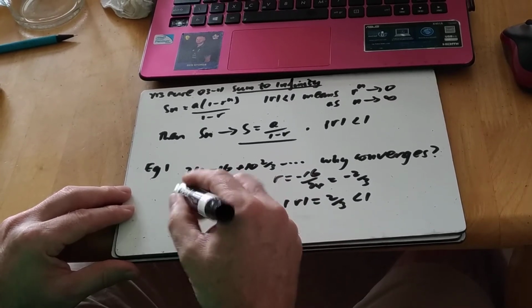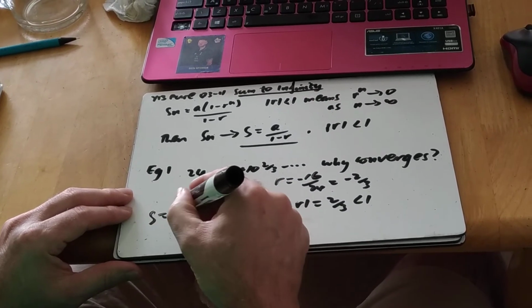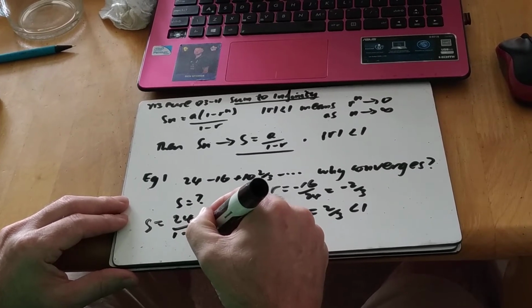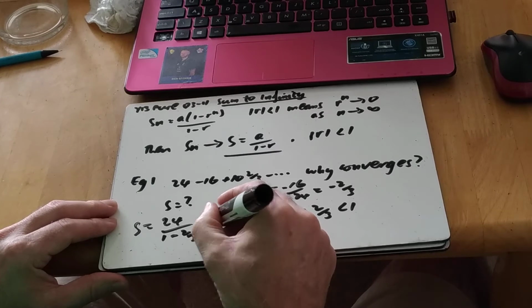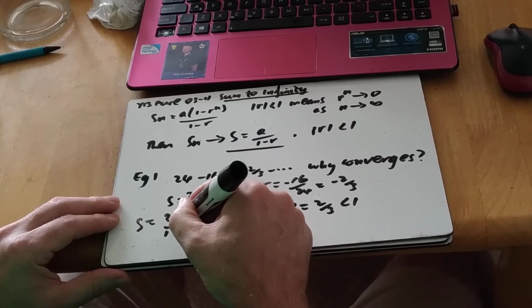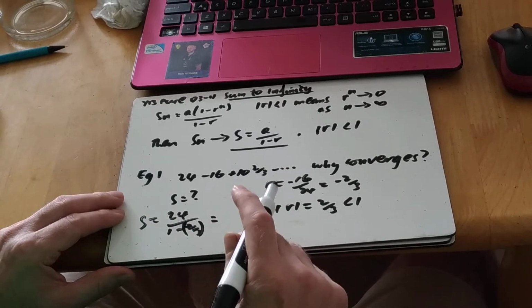So S equals a, 24, over 1 minus 2/3. Sorry, 1 plus 2/3. Panicking then, I wasn't going to get the right answer.